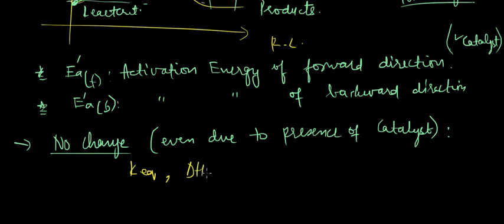Delta H and delta E would also not change, nor would delta G, which is the change in Gibbs energy. We will be discussing more on Gibbs energy in our coming video lectures. So these are all the terms which have no impact when we introduce catalyst in the reaction.